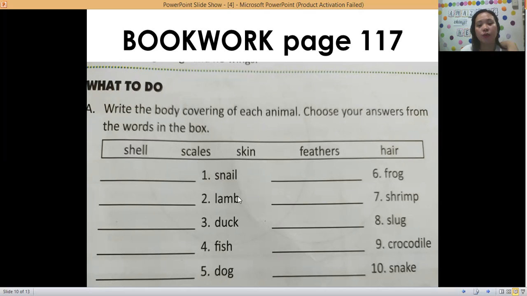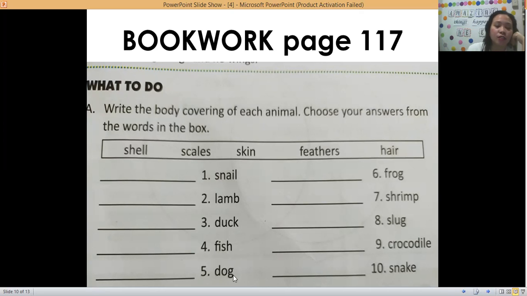Next, number 2, lamb. What is the body covering of lamb? Shell, scales, skin, feathers, or hair? Next, number 3, duck. Choose your answer here. Next, number 4, fish. Choose your answer, fish. Number 5, dog.